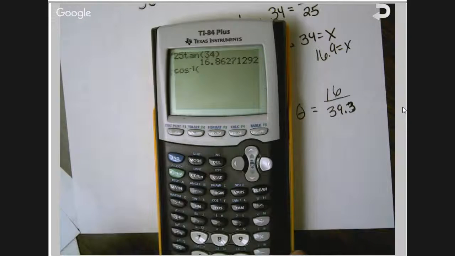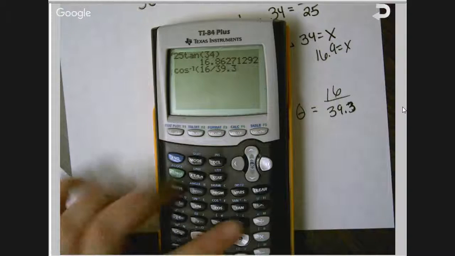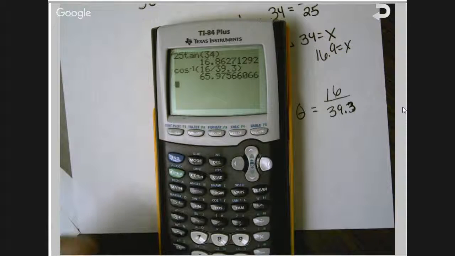That is inverse. Then you type in 16 divided by 39.3, and you get about 66 degrees. And that's your answer. Is there questions about that?